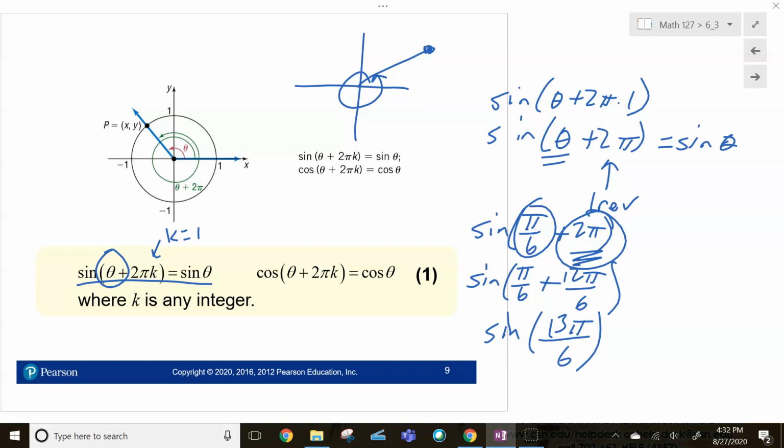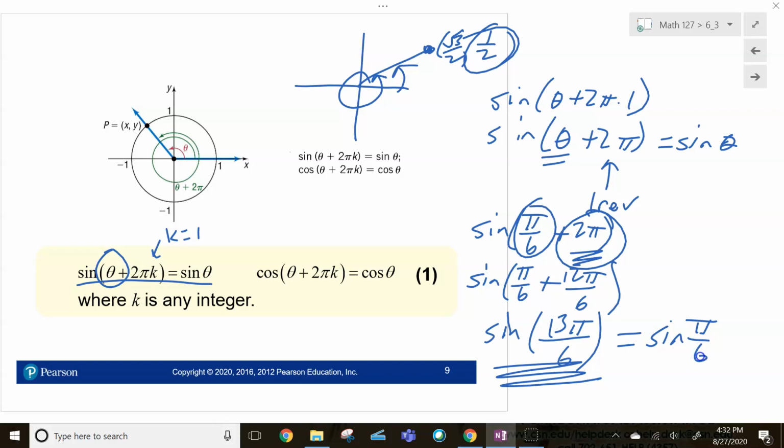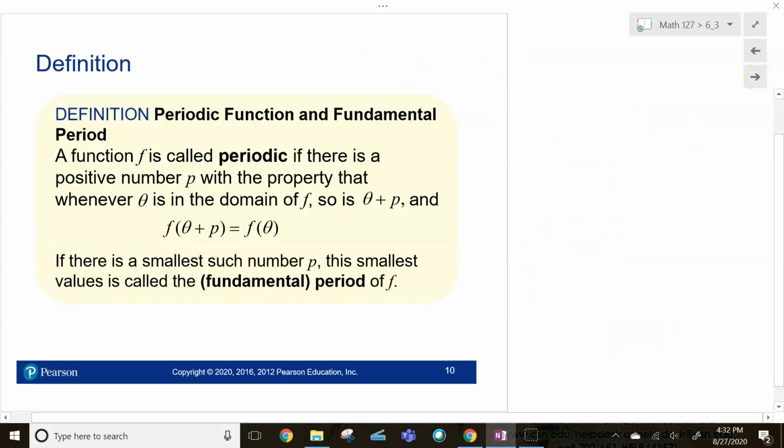Well, that's the exact same sine value as if I just rotated pi over 6. Both of them have a sine value of a half, right? So with the sine and the cosine, your period there is 2 pi, okay?